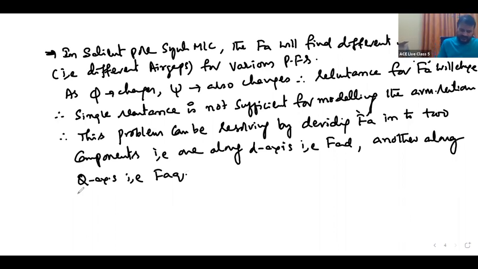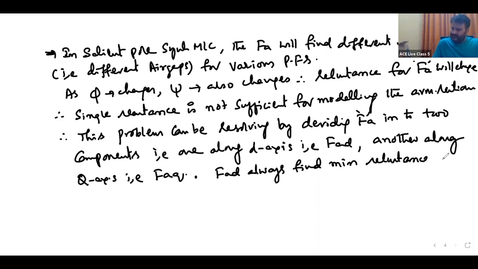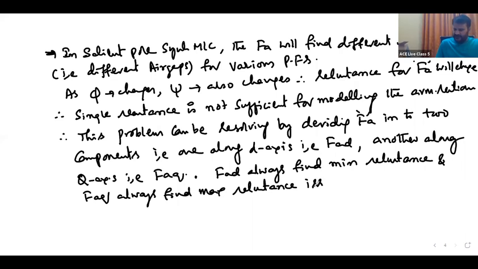FAD will always find minimum reluctance, and FAQ will always find maximum reluctance, irrespective of power factor.